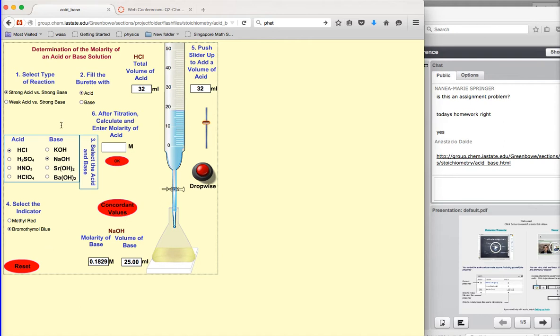Becomes clearer. Well, no, but what will happen if I have an acid and I add a base to it? What happens? It causes precipitation. No.